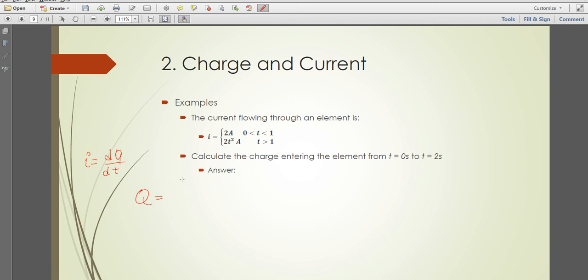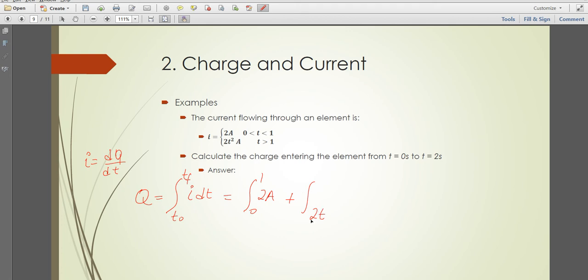So Q will be the integral of this current over time, from the initial time to the final time. For our case, it's going to be the integral of the first current, 2 amps, between 0 and 1, plus the integral of the other part.